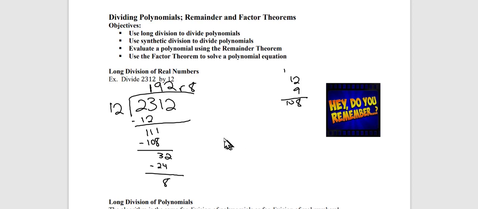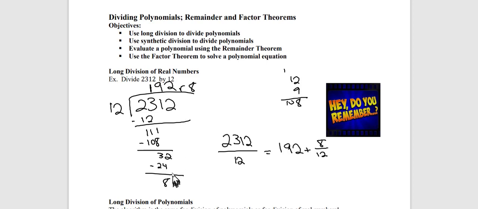The result here is that 2,312 divided by 12 is equal to 192, and that remainder we write plus 8 over 12, because that remainder really has not been divided by the 12 yet.